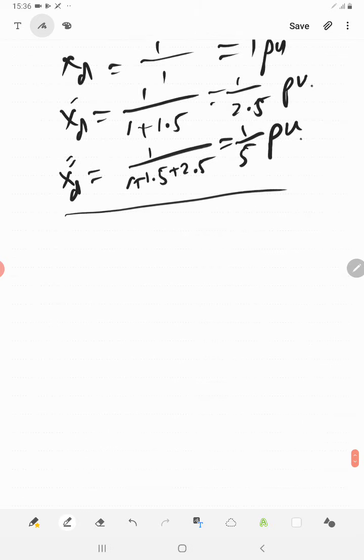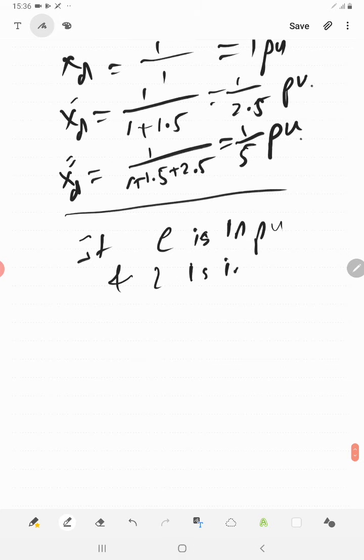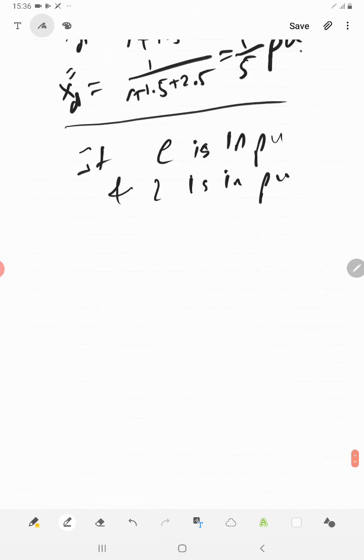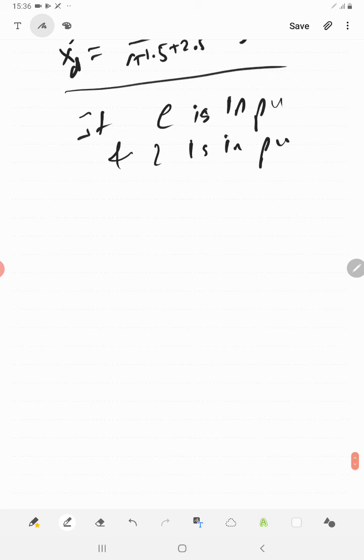The most important thing when you do an experiment, remember that if E is in per unit and I is in per unit, then Emax equals root 2 times E RMS.